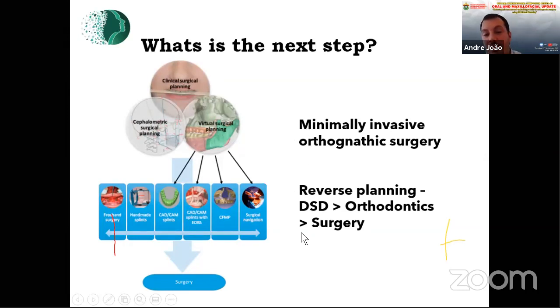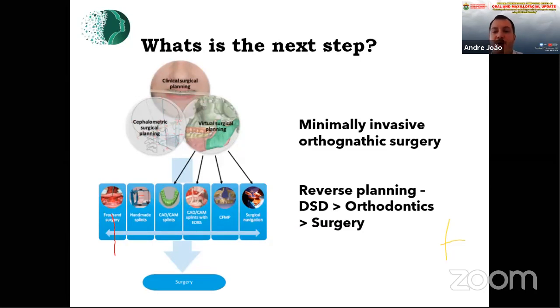And there are other surgeons in Brazil doing complete reverse planning. Basically, they start with the digital smile design, so they design the smile. All the orthodontics and surgery are planned based on the final position, the way they designed the smile of the patient.